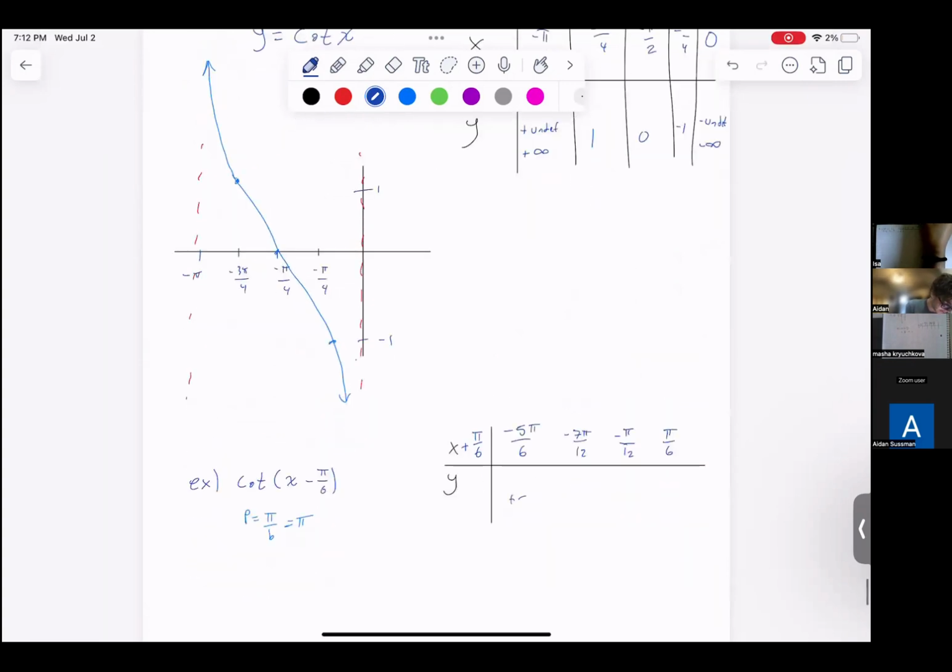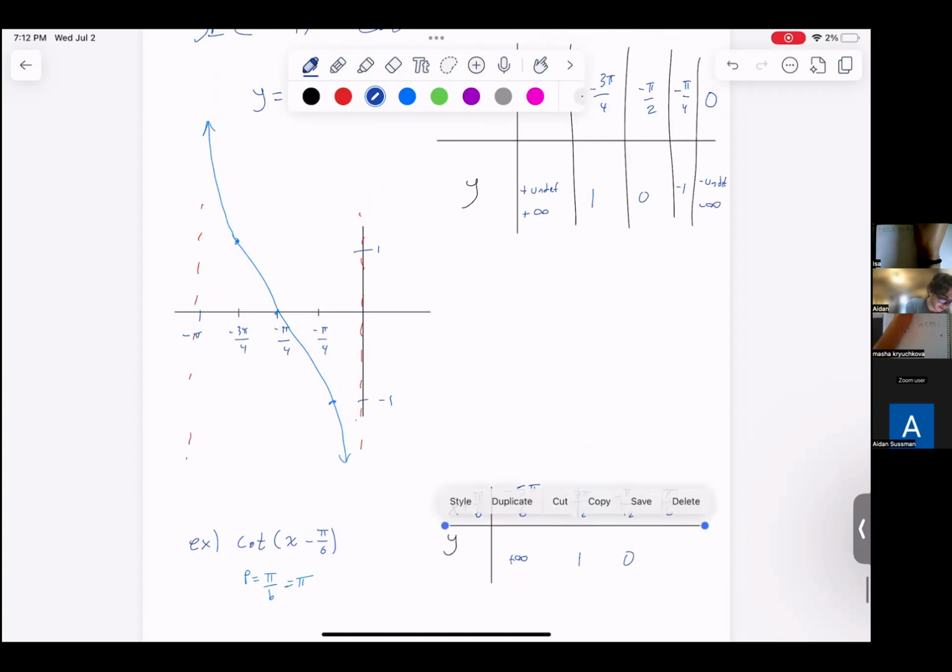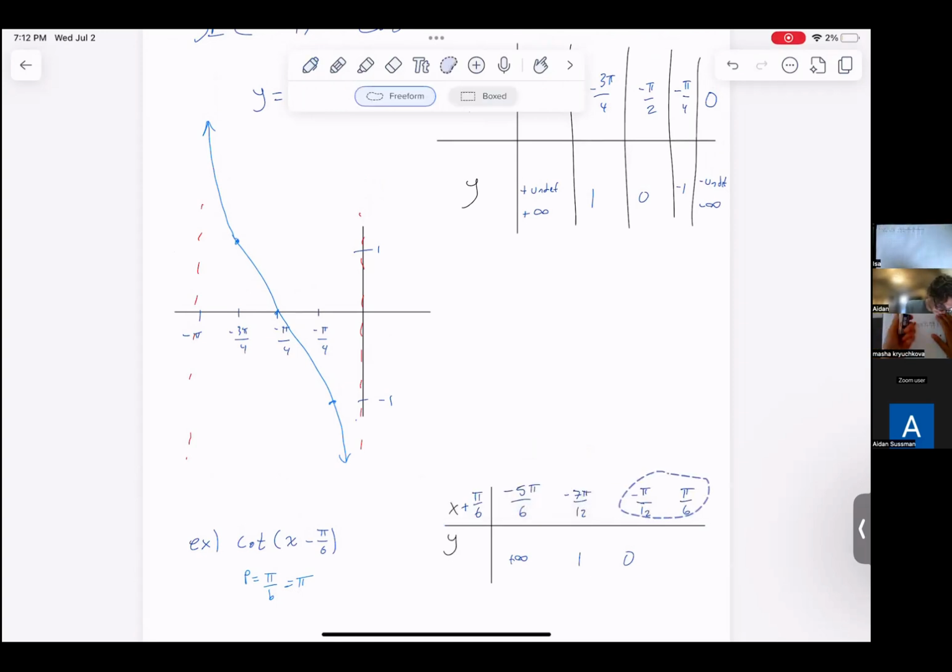And these down here follow the same. It's going to be positive infinity, 1, 0, negative. Oops, I wrote those too close together. 1, 0. Oh, wait, I'm missing a point. Let me move these over. These go here. I forgot to do pi over 2. That one is negative pi over 3. Why?